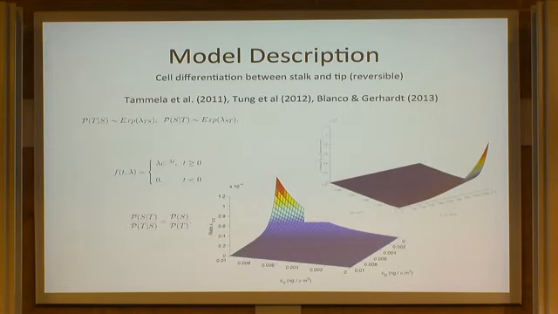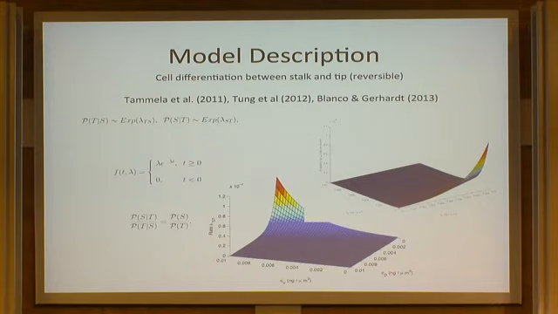Okay, so we also incorporated probabilities for differentiation, because it also turns out in these studies that tip cells are able to differentiate to stalk cells, and stalk cells are able to differentiate to tip cells. Especially the part of tip cells differentiating to stalk cells, I was really surprised by that. I thought, I couldn't believe it. I thought, this is ridiculous. But it apparently takes place.